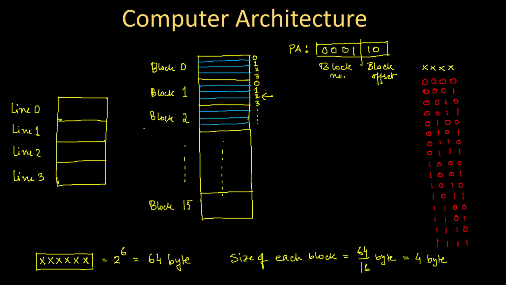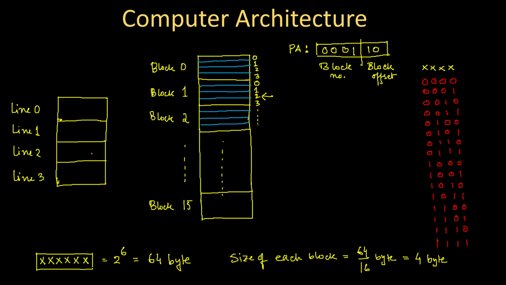Always remember that since I have divided the cache memory into equal sizes as blocks, what we call lines over here, when data is stored in cache memory, the whole block is transferred into one of the lines of the cache memory.